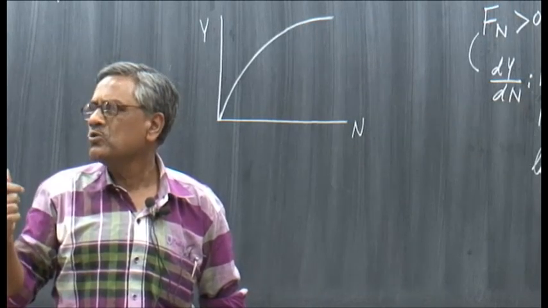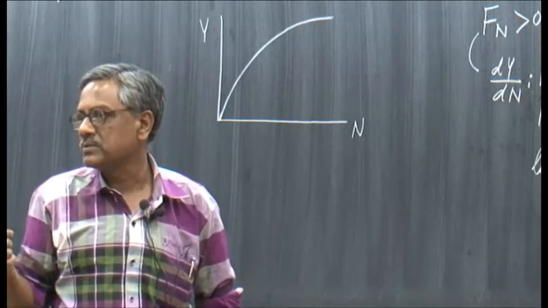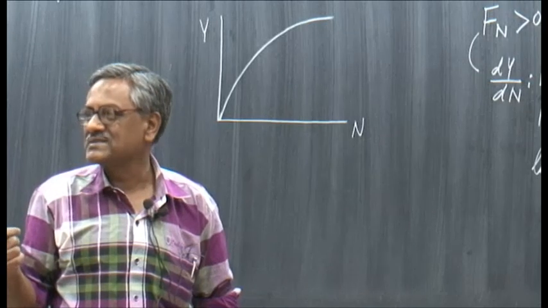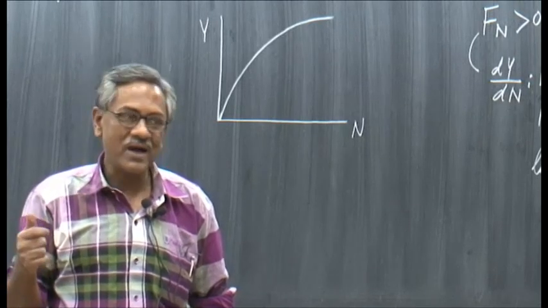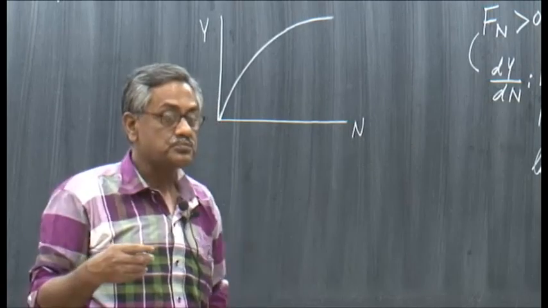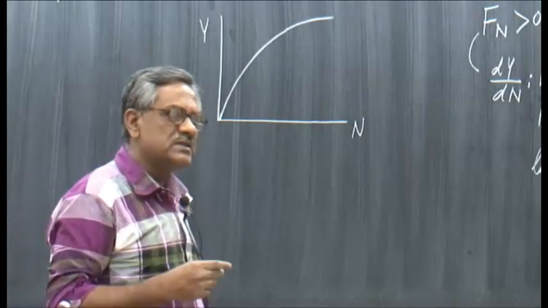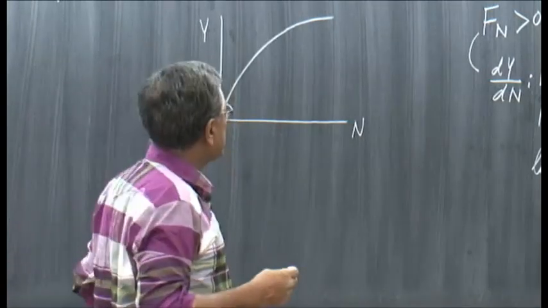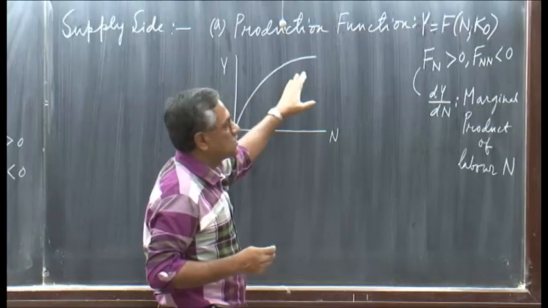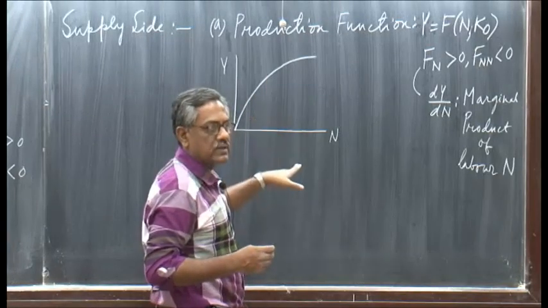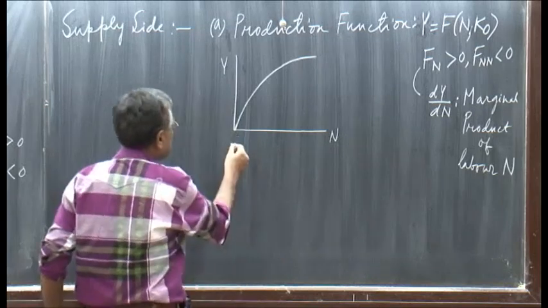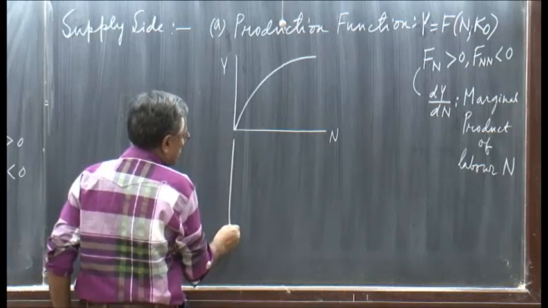But no rational company would hire too many people. They're profit maximizers. They're very careful. So they would hire up to the point where profit is maximum. That profit maximum hypothesis finally led to me. So you can see the marginal product of labor is a downward sloping line. If you draw the marginal product of labor here, it will be a downward sloping line.